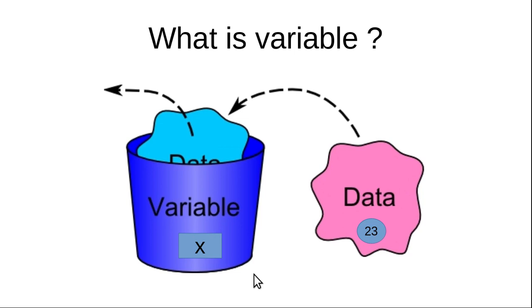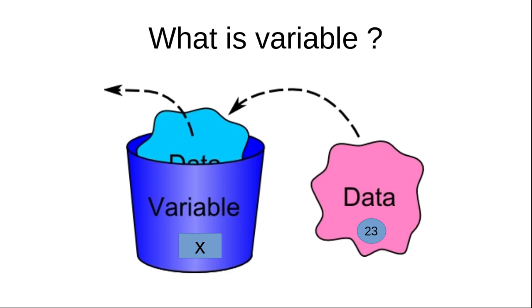I am even allowed to change the value of X to 39, 100, 151, 91, 62, any value I can store inside it. That's why it is called a variable. It is allowed to vary, to be incremented, to be decremented, and to hold any kind of data inside it.